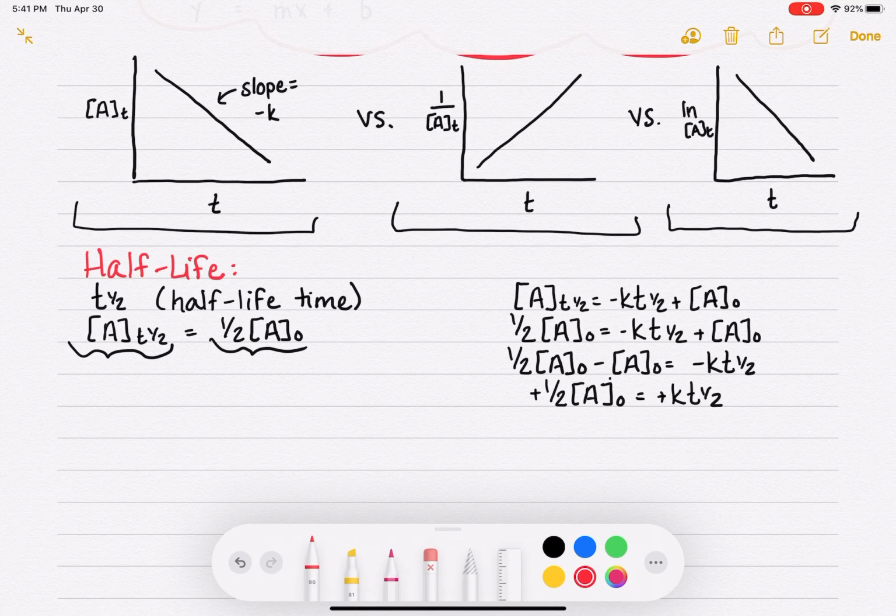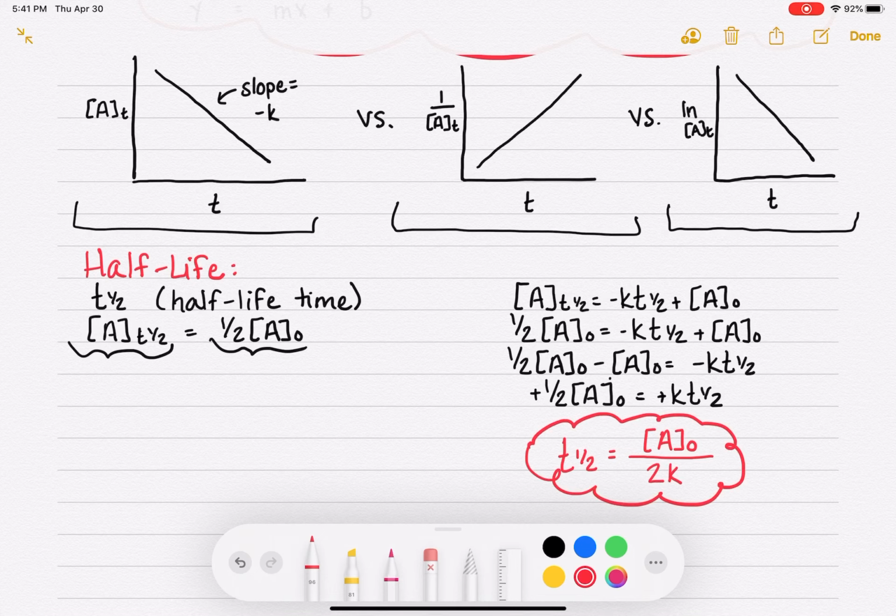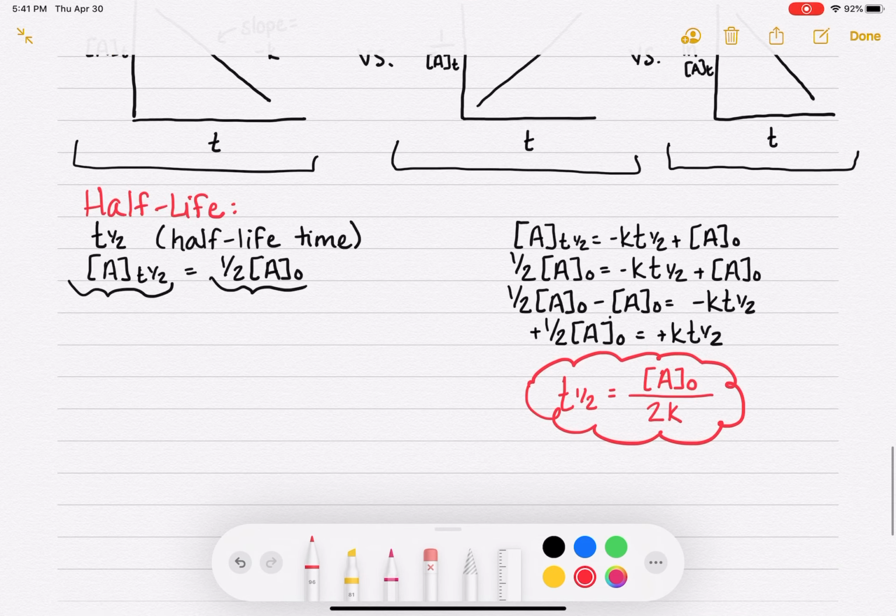So I'm going to do some magical rearrangement here, and we're going to come up with t 1/2 equals A initial over 2k. And so I took a couple leaps right there with that, but give it a second and that will absorb into your brain. So this is the equation for the half-life for a zero order reaction.